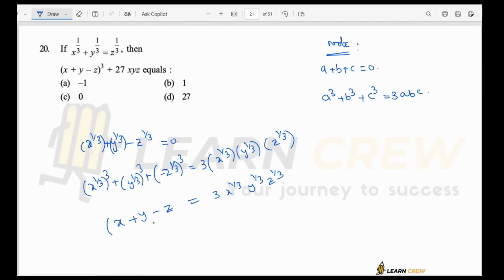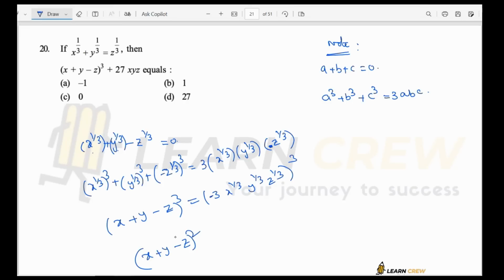Now I am cubing on both sides. What am I going to get? x plus y minus z whole cube. This is a minus, na? This is minus, a, b, c is minus.